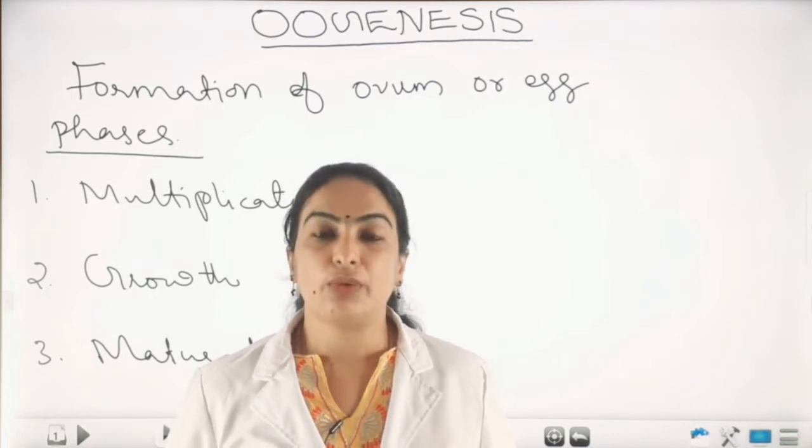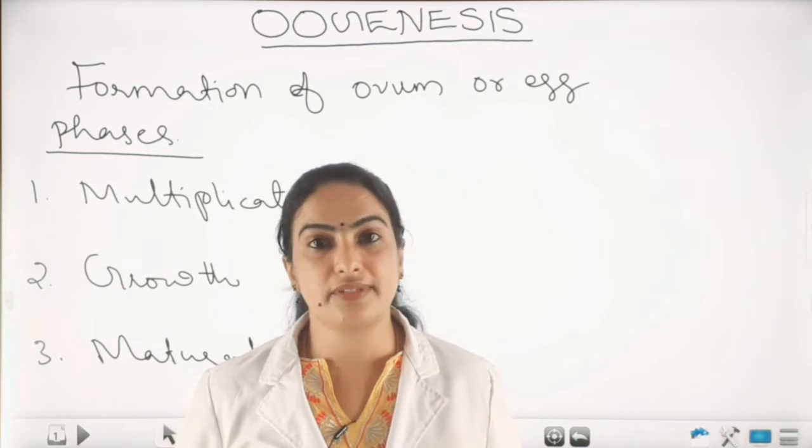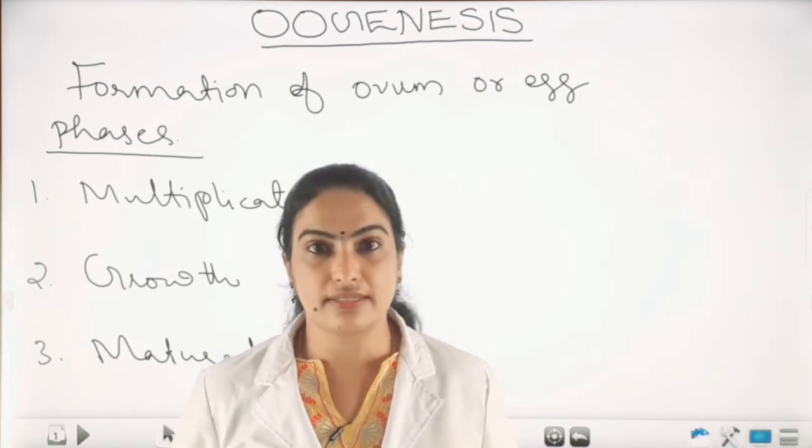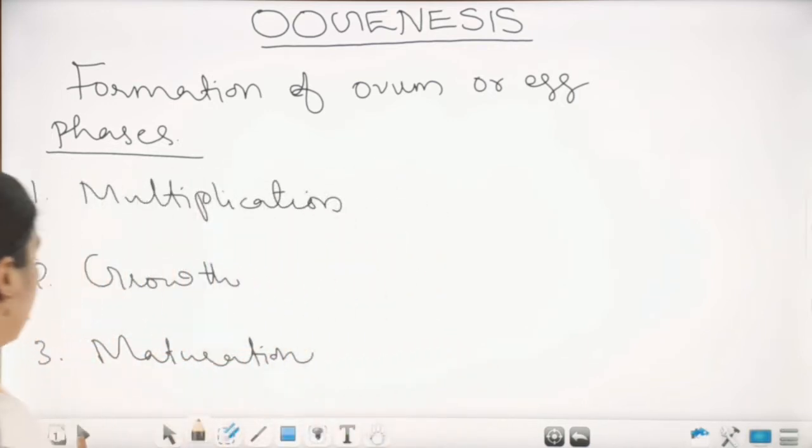Before that, we can see the schematic representation of oogenesis. Here, for the schematic representation, I want to tell you something: when a girl child is born, her ovaries consist of thousands of immature ova or eggs.